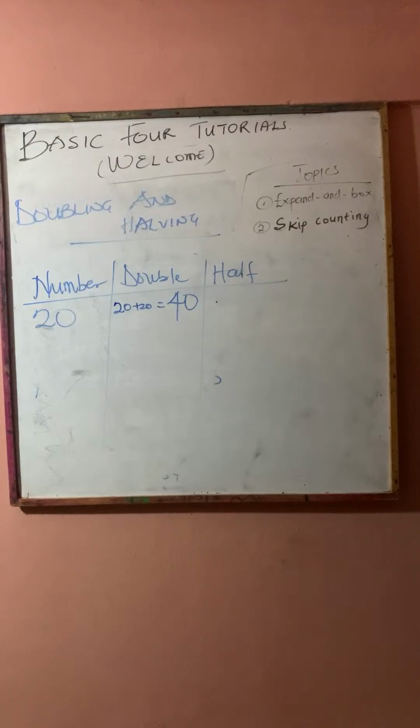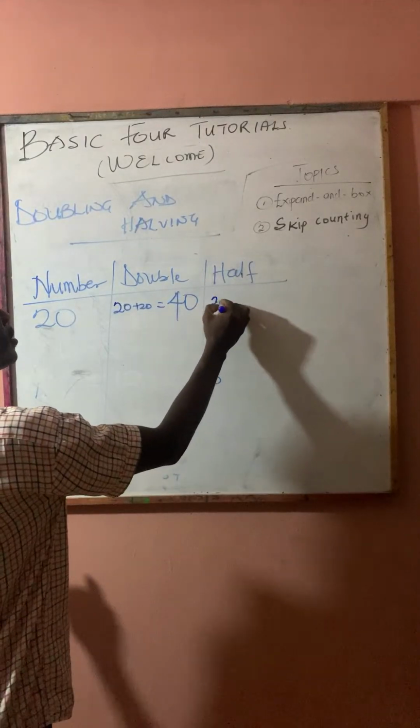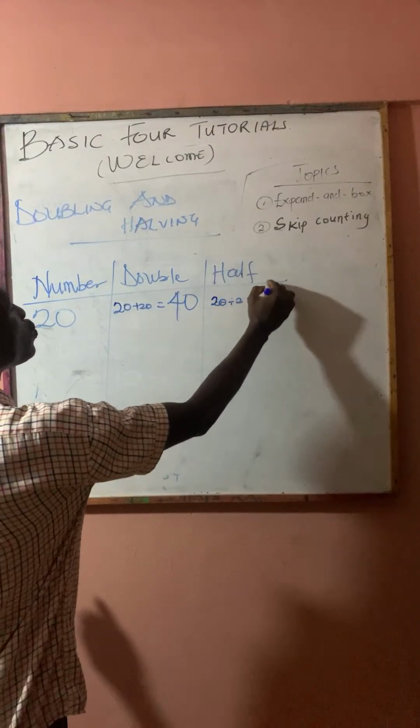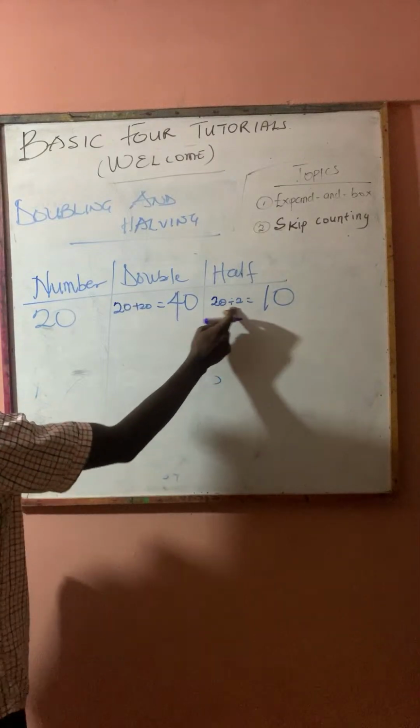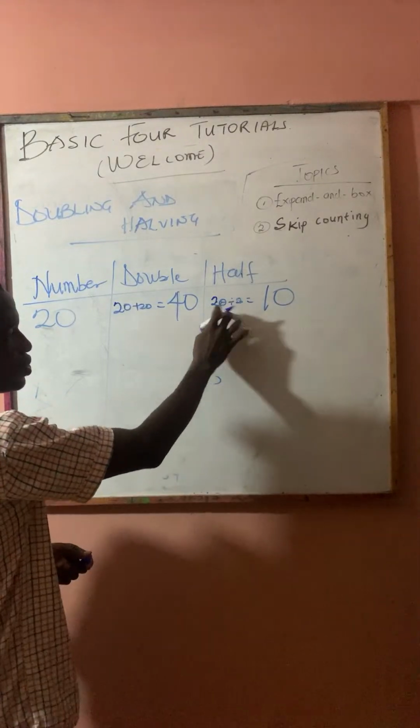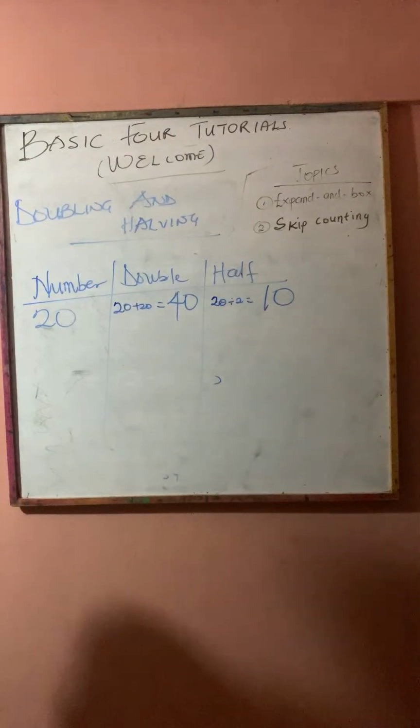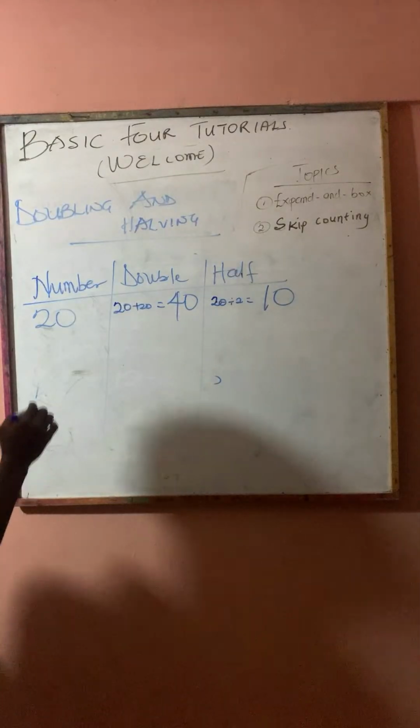Lois is giving us 10. Israel is also saying 10. Thank you. So half of 20 is 20 divided by 2, which is equal to 10. You don't really need this one, but I'm showing you how we did it. And the answer is 10. I hope you understand.